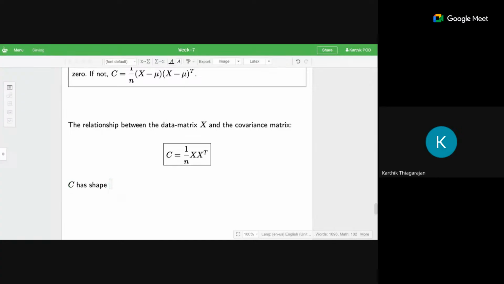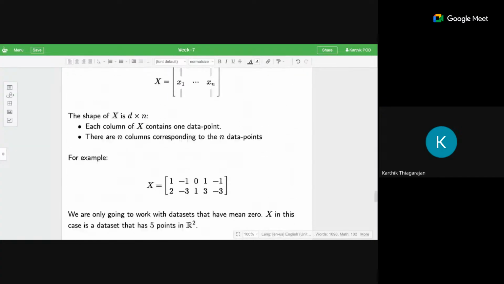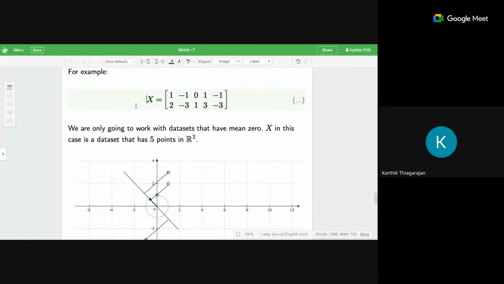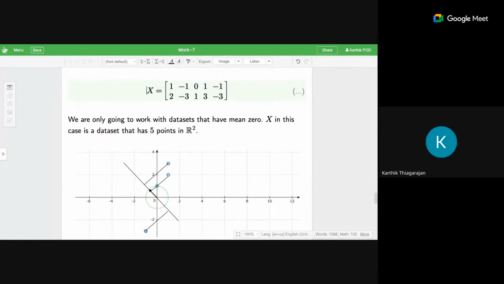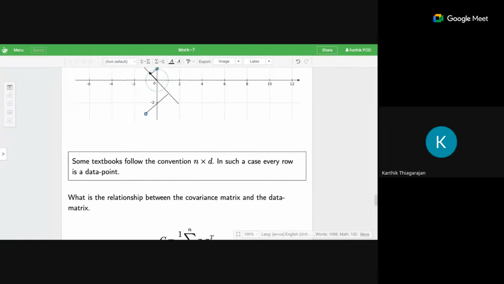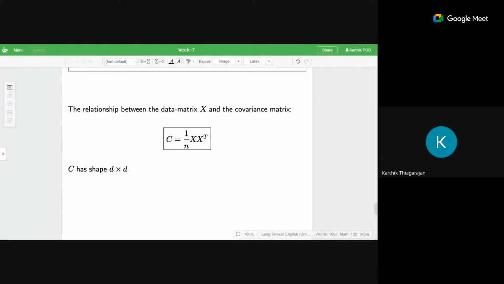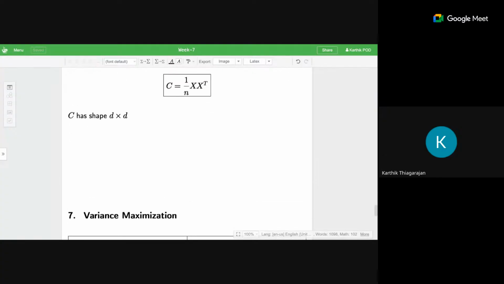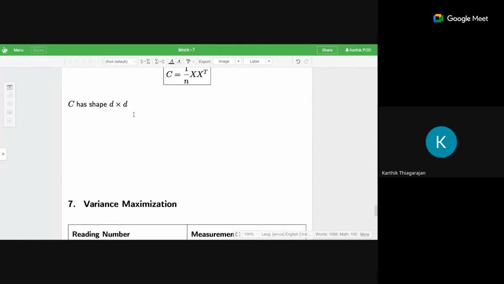In the example that we have here, the covariance matrix would have shape 2 cross 2, and it condenses all the information about your data set into these 4 values: variance sigma 1 square, sigma 2 square, and the covariance of x1, x2, which appears twice. Keep this in mind. We will come back to this very soon.